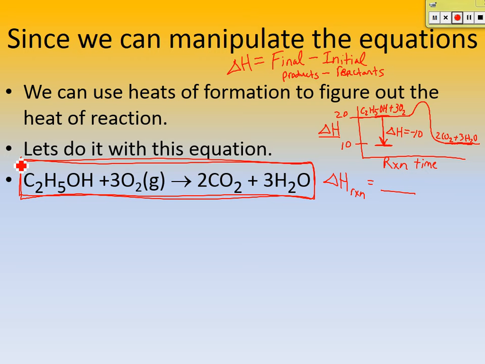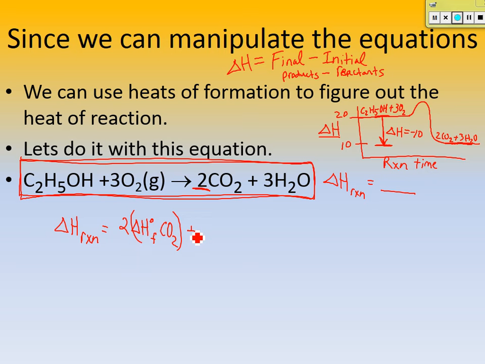So if I could look up the standard enthalpy of formation for CO2, so let's see if we can do this. The delta H of this reaction is equal to, could I look up the delta H of formation, the standard enthalpy of formation for CO2 on those data tables? Couldn't I do that? But I would have to times that number by the coefficient here, which is the number of moles.